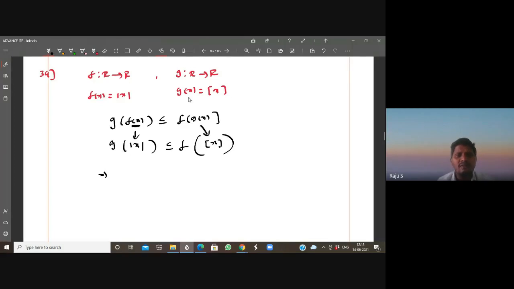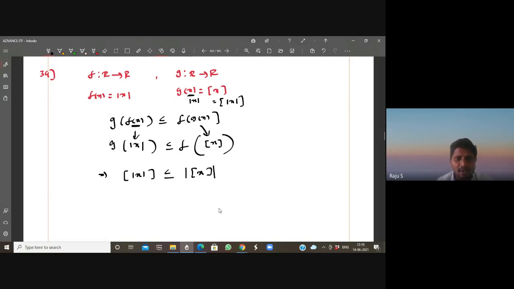Finally, what is g of x? g of x is the greatest integer of x. So on the left side we get greatest integer of modulus x, because in place of x here we have modulus x. When I substitute modulus x here, the output we get is greatest integer of modulus x. So greatest integer of modulus x is lesser than or equal to f of g of x, which is modulus greatest integer of x.